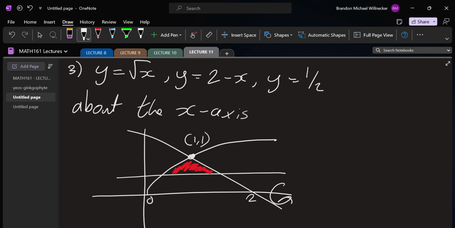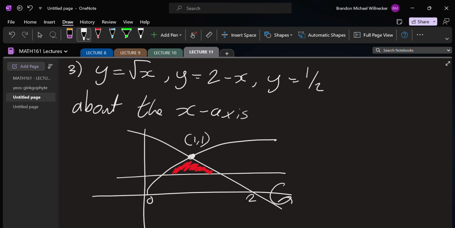So now we need to be careful about what we choose to be the inside radius and the outside radius. Why? We see here this line y equals a half going all the way along here. That's going to be the inside radius. If we rotate this around, this is going to be closest to the axis here, so that's going to be our inside radius. This root function is going to be the outside radius, but only up to this point.